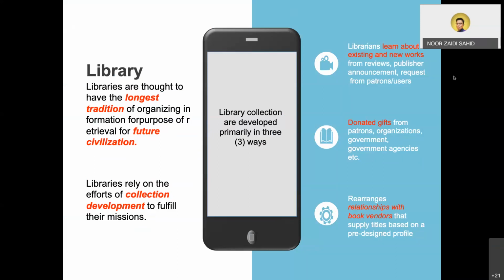And as I mentioned just now, library has the longest tradition, which means library ni sebelum information agency yang lain exist, library dah awal lagi ditubuhkan atau wujud. And the purpose is organizing information for retrieval of information for the future civilization, which means for future generations.